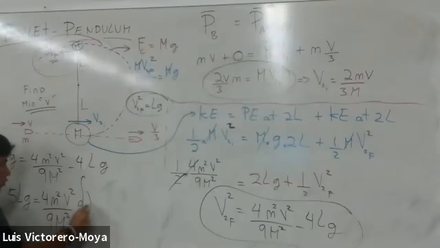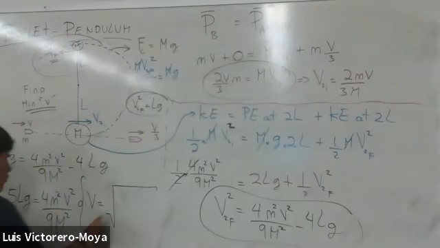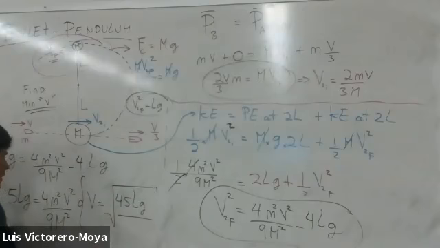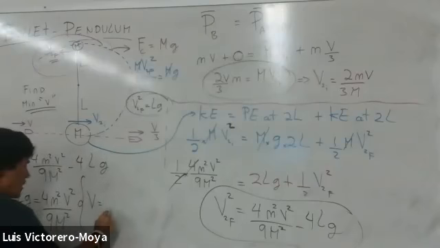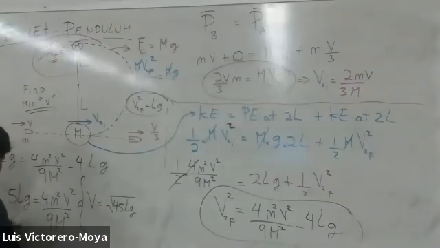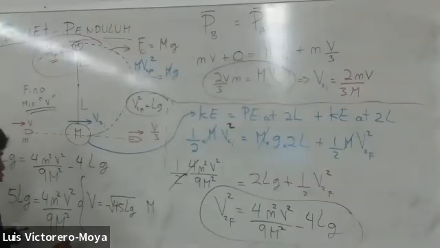Then from here, V is equal to the square root of 45 LG M, I took the square root of that, M squared is M, divided by 2M.